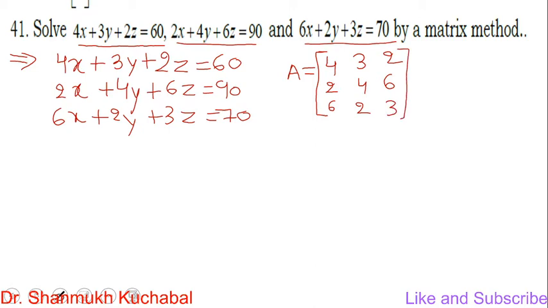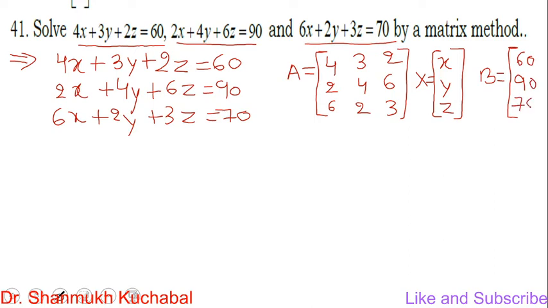And further we'll take X. X is the unknown matrix, so it is x, y, z. Further we'll take B. B is 60, 90 and 70 here, the RHS elements.